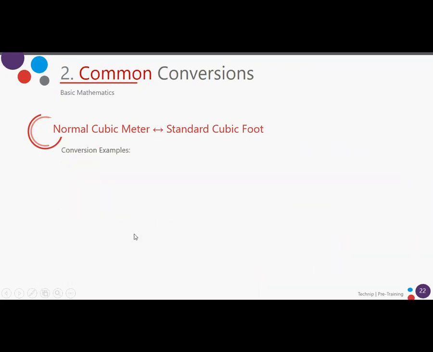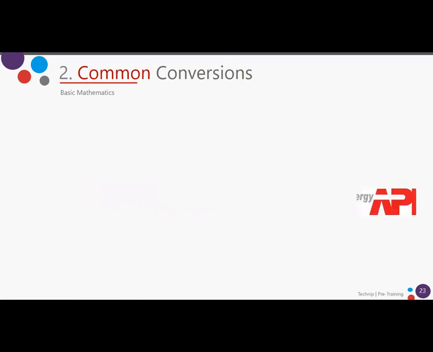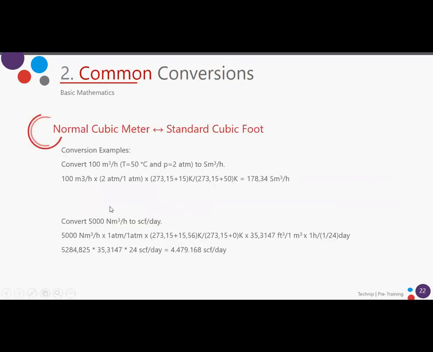Okay, then let's do some examples. Let's convert 100 cubic meters per hour of actual volume flow at 50 degrees and a pressure of 2 atmosphere to standard cubic meters per hour.